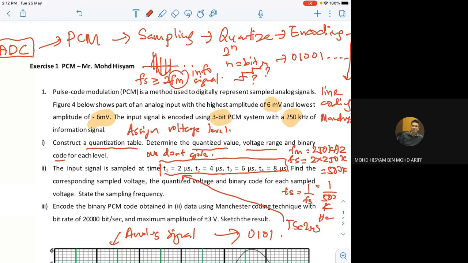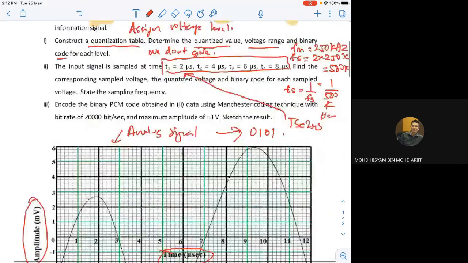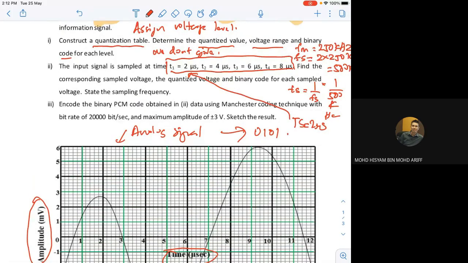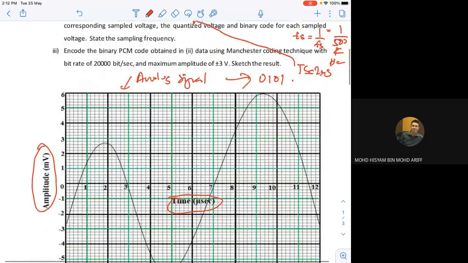If not given, you must chop this signal every 2 microsecond, for example here at 2 microsecond. This one we are given, the input signal at T1, 2 microsecond, T2 till T4. If not given, you must sample at every 2 microsecond interval. Clear or not?